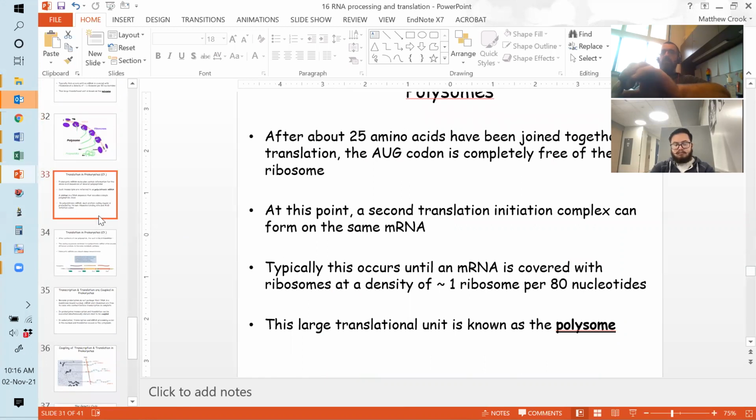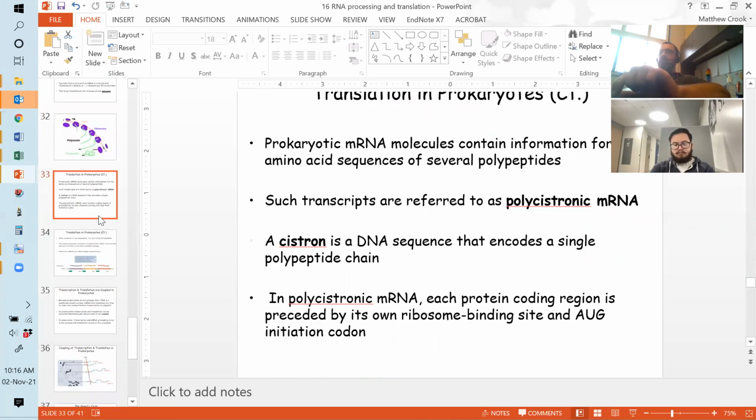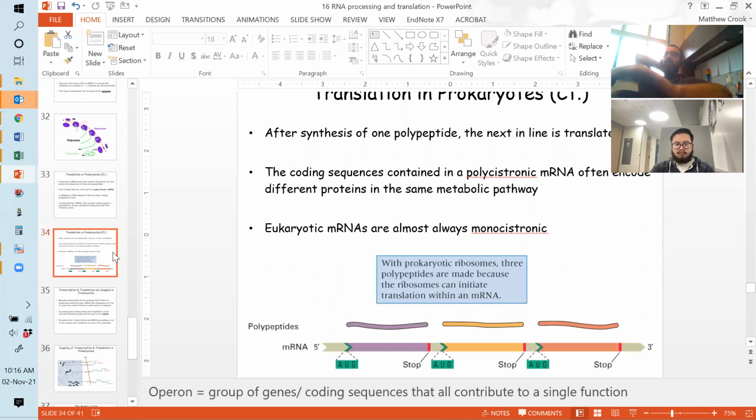Now, there's also some oddities with prokaryotes, right? They're actually very interesting in many ways, and it helps to think about the context in which bacteria exist. Bacteria can't control their environment.